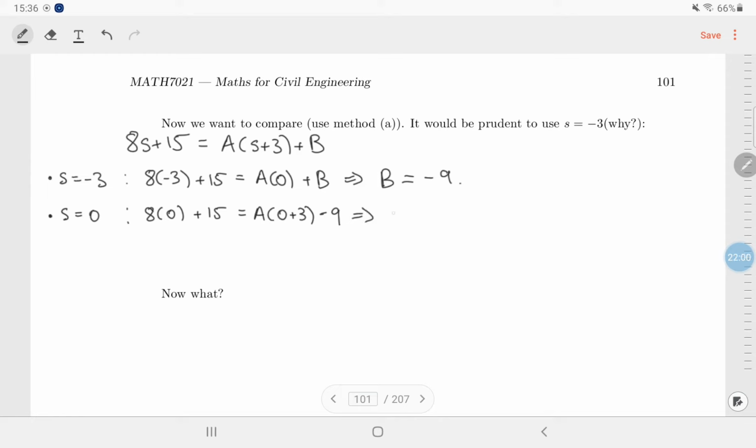So tidying up everything, you get 15 is equal to 3a minus 9. If you add the 9 to both sides, you get 3a is equal to 15 plus 9, which is 24. And then divide both sides by 3, you get a is equal to 8.